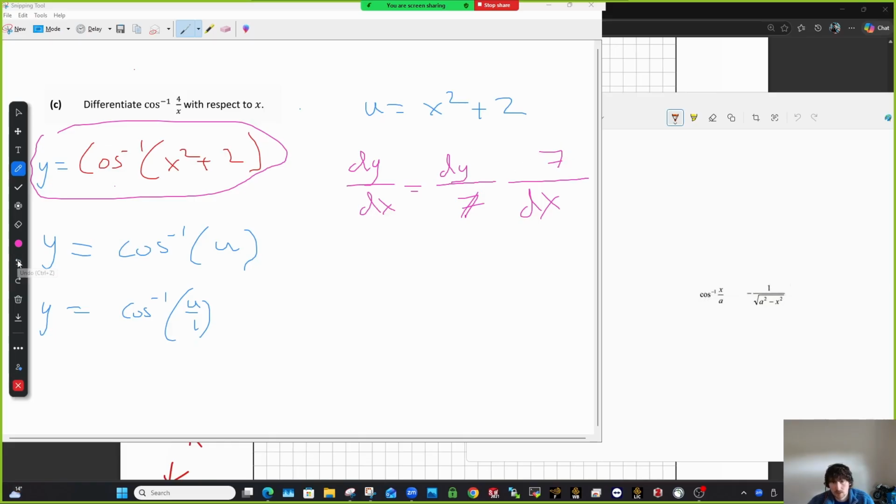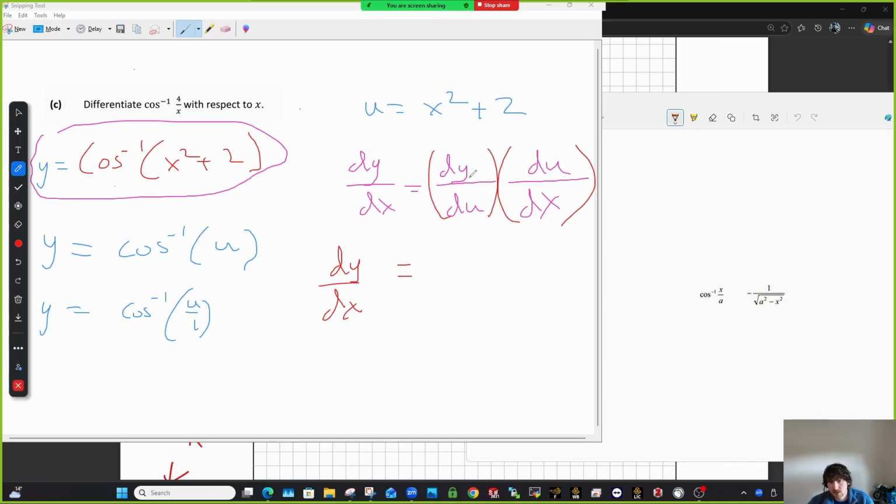Because we've called something u, it makes sense to call this du and this du. So the thing we're looking for in pink, dy dx, is really just a matter of getting these two things and multiplying them together.